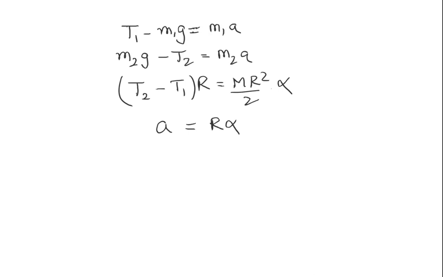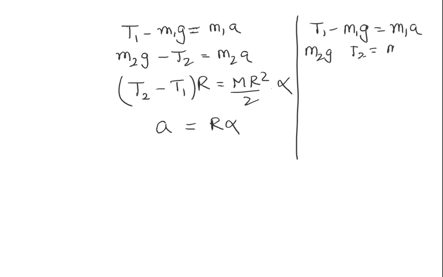Okay, so we are not going to write the equations like this that I have written. We will write it like this. T1 minus M1G is equal to M1A. M2G minus T2 is equal to M2A. T2 minus T1 is equal to MR by 2 into alpha, which is A by R. So this becomes MA by 2.